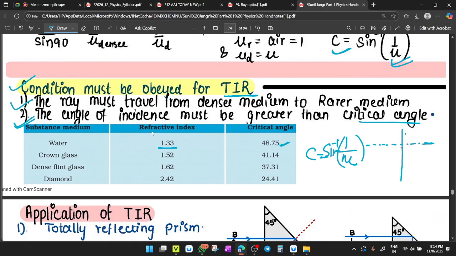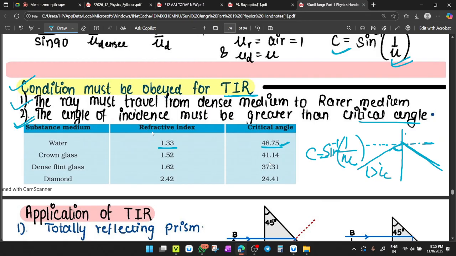It means if any ray is incident on the water surface from the denser medium with an angle greater than 48.75, then no refraction will take place, only total internal reflection. Why? Because the critical angle is 48.75, and when your angle of incidence is greater than the critical angle, then total internal reflection will be there. Clear or not clear?